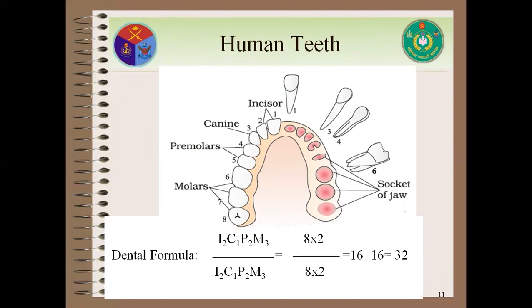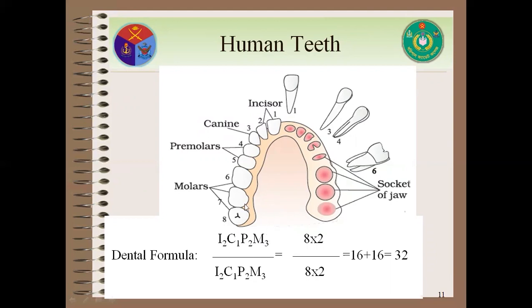Actually, there are four types of teeth found in our buccal cavity. These are incisor, canine, premolars, and molars. Incisor is indicated as I, canine is C, premolar is P, and molar is M.